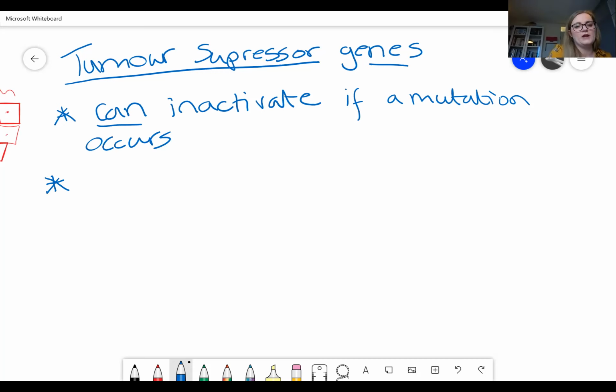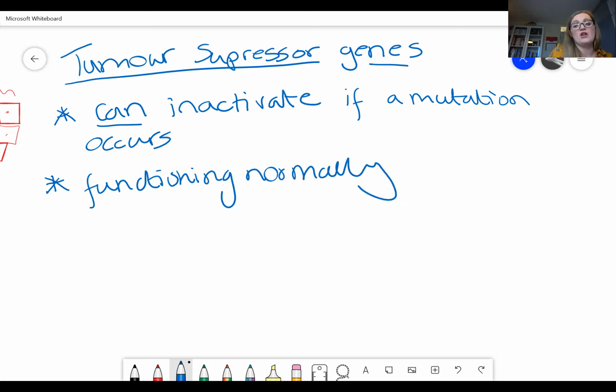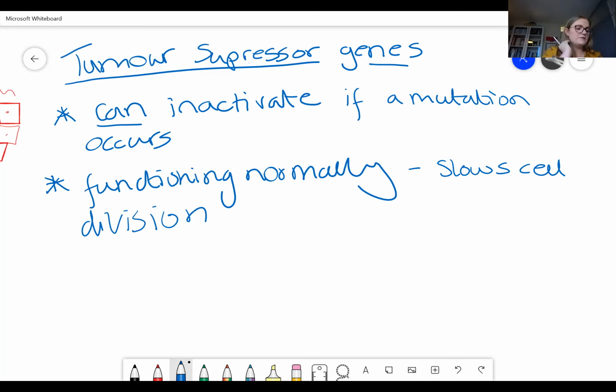Well, when functioning normally, they slow cell division. And it does this by producing proteins that stop cells dividing and causing them to self-destruct.